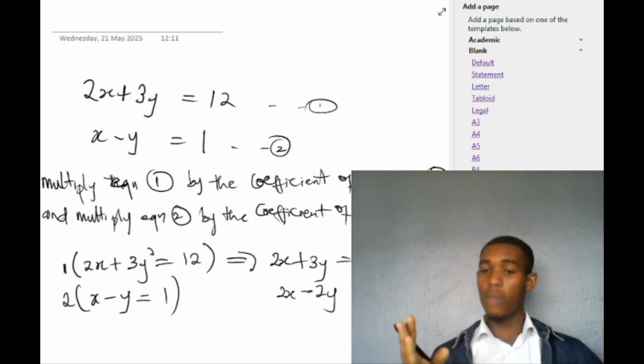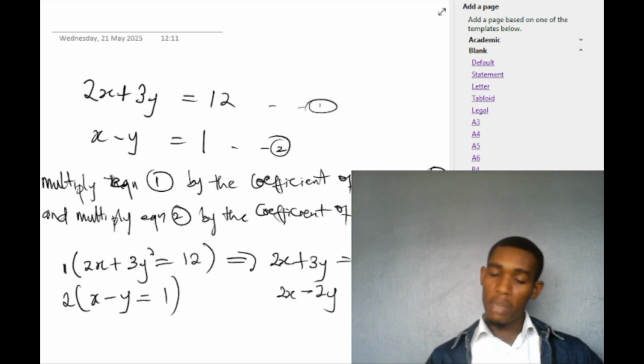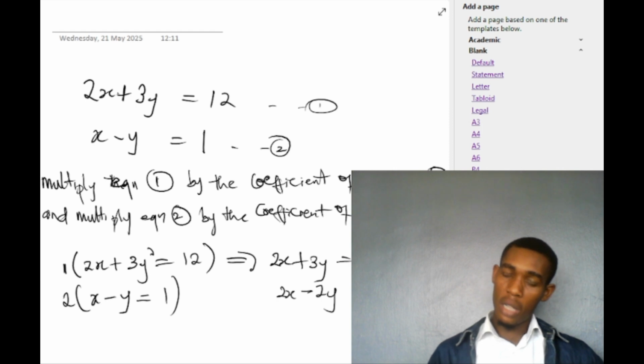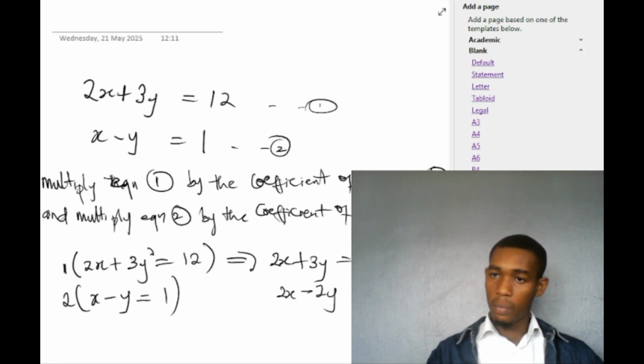That enables us to eliminate. In the elimination method, the whole essence is to eliminate one variable, so we'll be left with just one variable. Having done this, we've made our work a little easier.